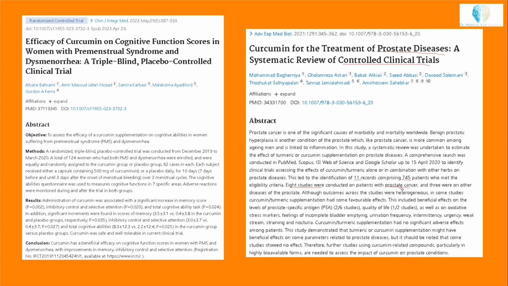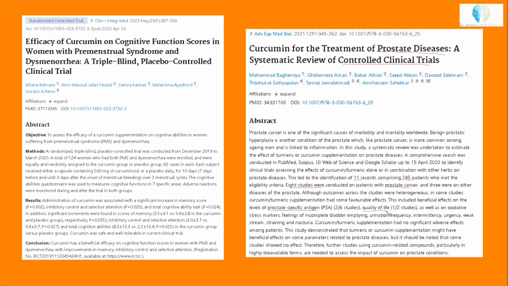So here we have a review that didn't investigate a particular condition, it investigated a number of conditions of the prostate. And overall, some studies had beneficial effects on blood markers of prostate health, like PSA.